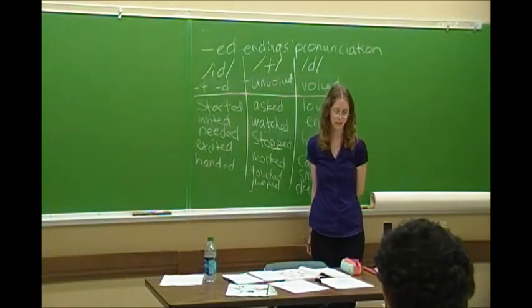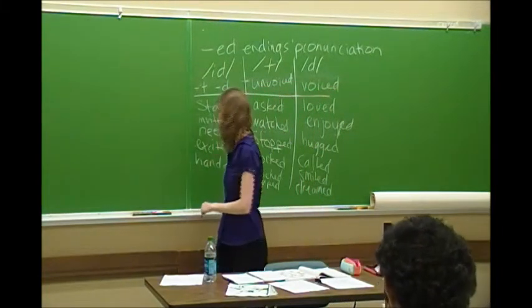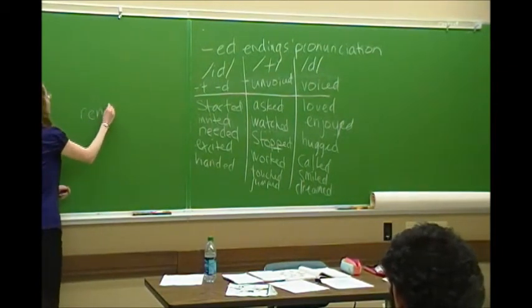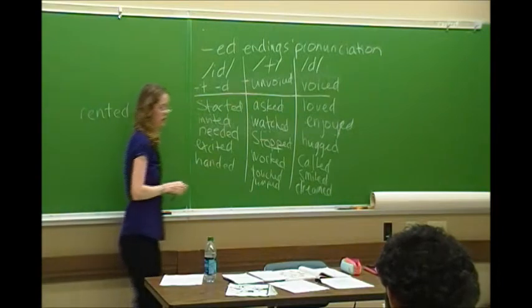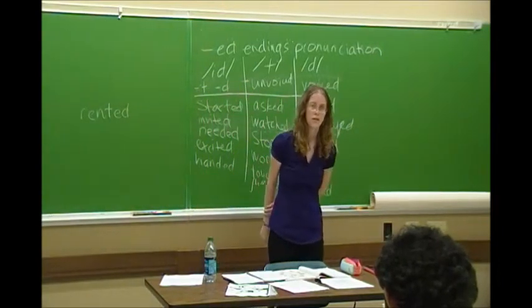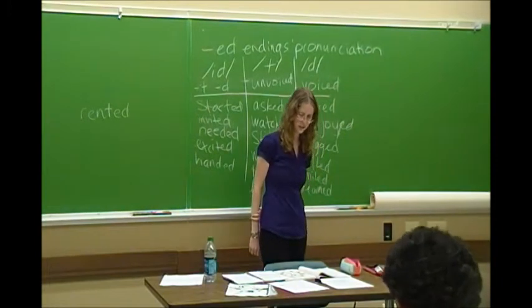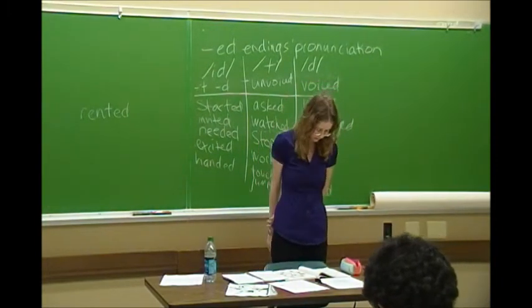Rented. Good. How do I spell that? R-E-N-T, E-D. Okay, rented. Good. 2. Mixed. Okay, and ending? T. Okay, 3. Muhammad.